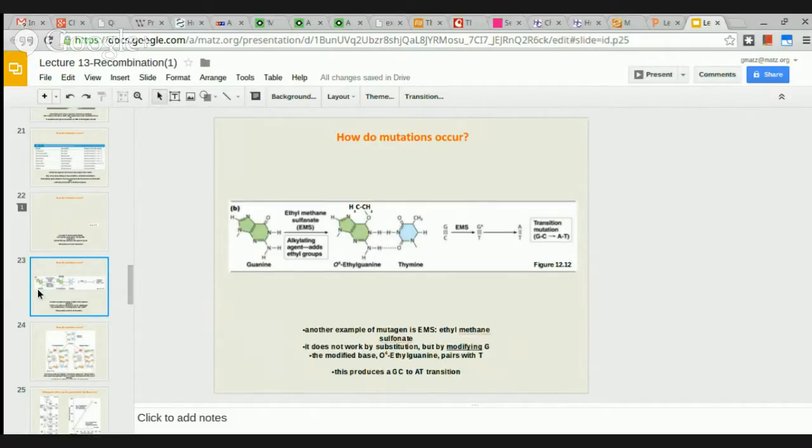It's wrong in the book. And again, you're generating a transition mutation, a GC to an AT.